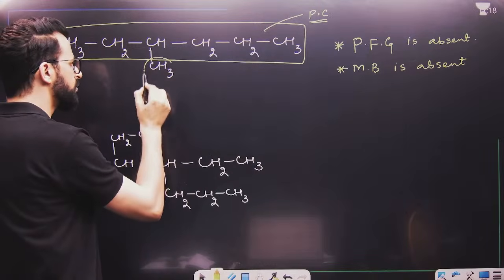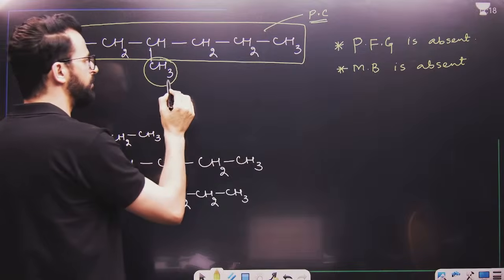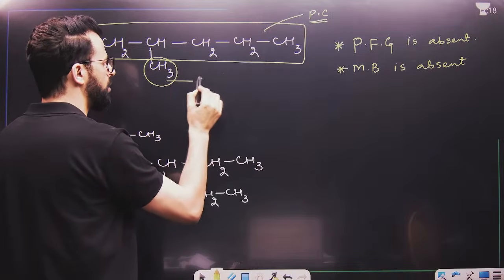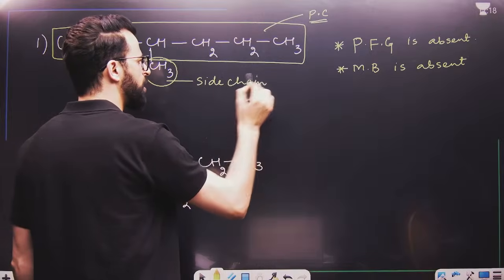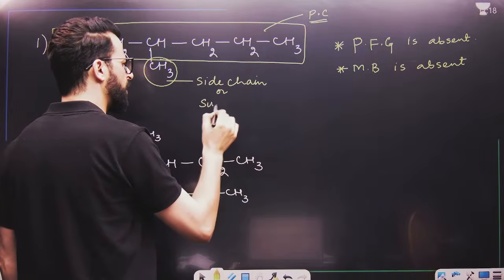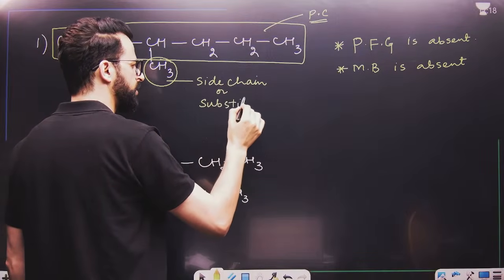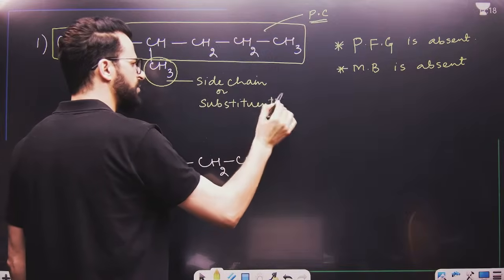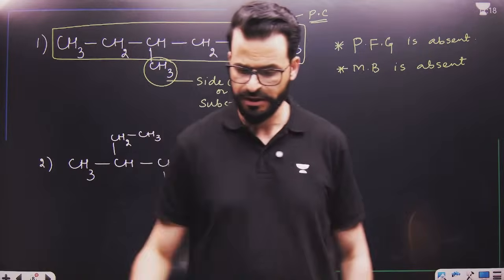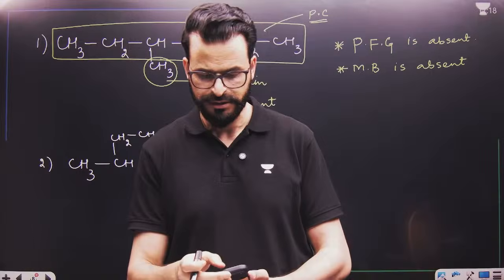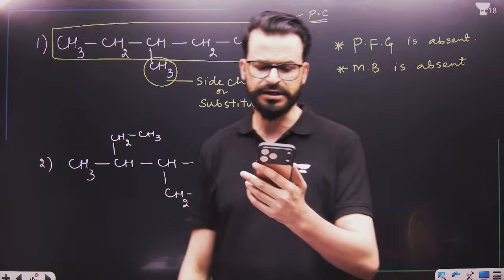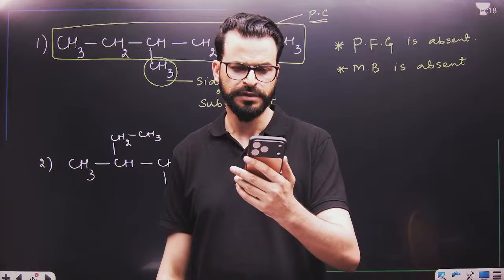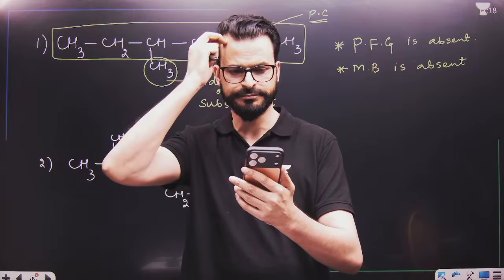That carbon chain or carbon which is not part of the parent chain is simply known as side chain, or we can simply call it a substituent. Is this point clear, everyone? Let me know in the chat quickly.